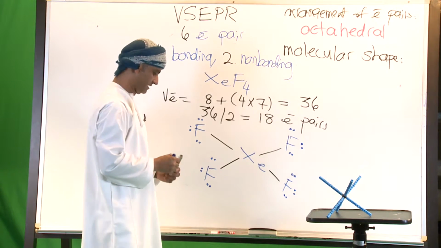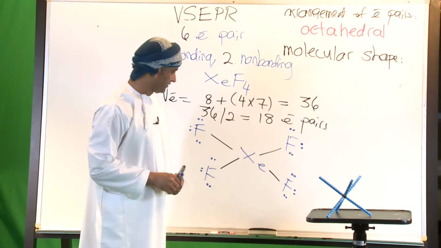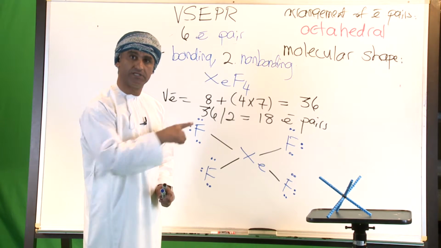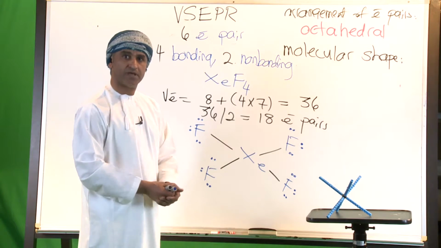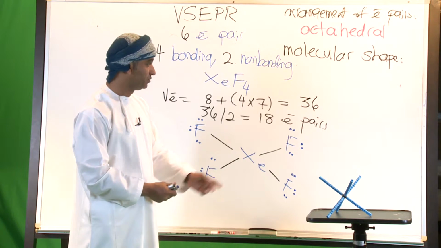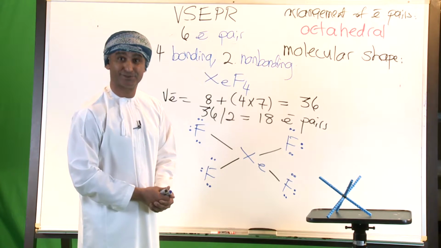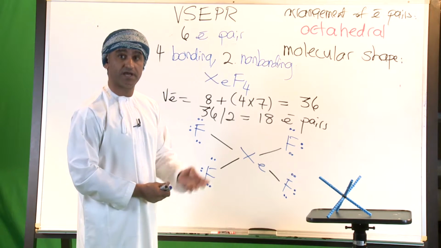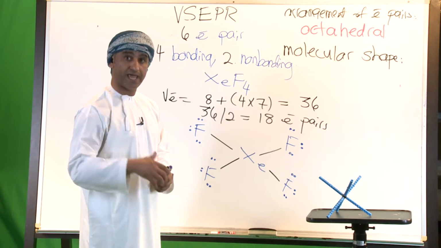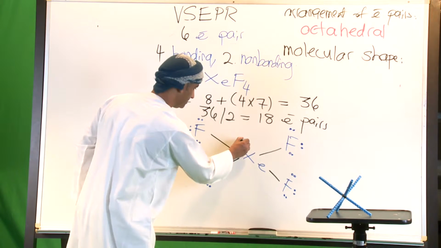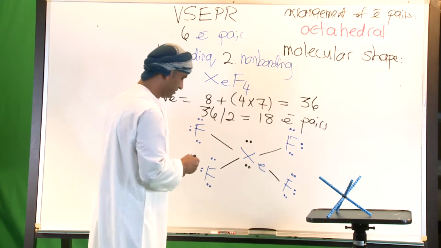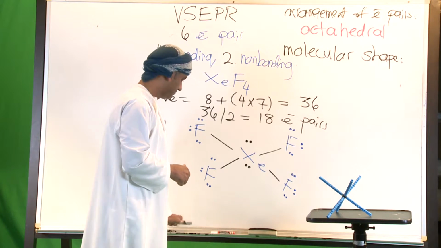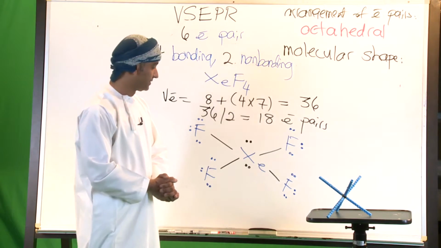Something like that should be reasonable. There are 8 electrons on each of these fluorine atoms. 8 times 4 is 32, but we had 36 electrons to start with, so we have 4 to go, and those 4 additional electrons should be drawn on the central xenon atom like that. So therefore there are 2 lone pairs.